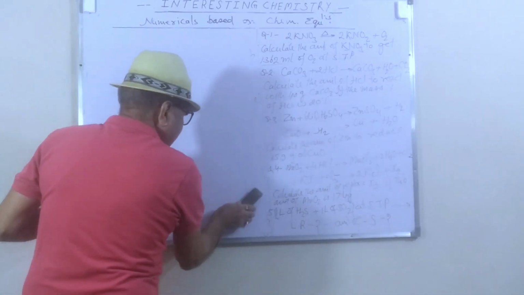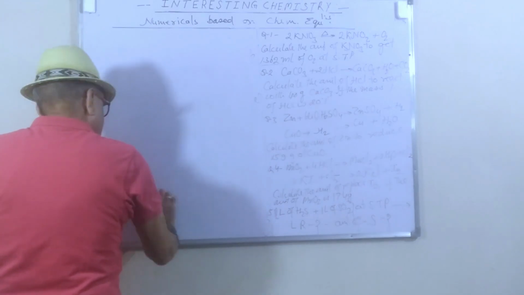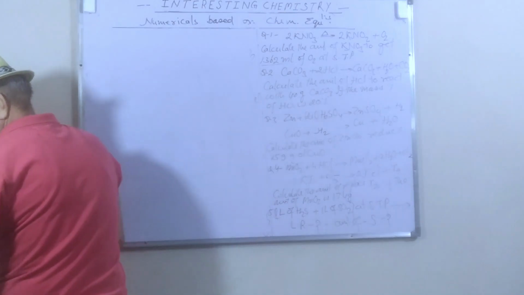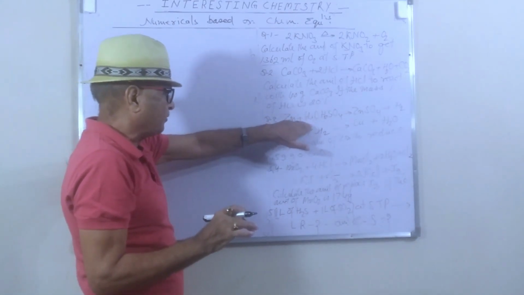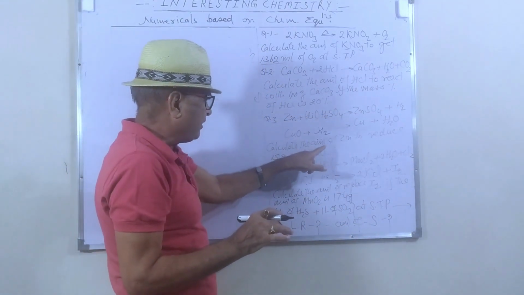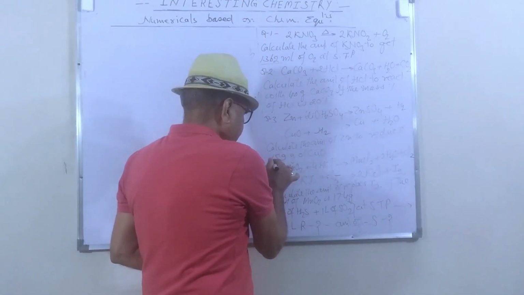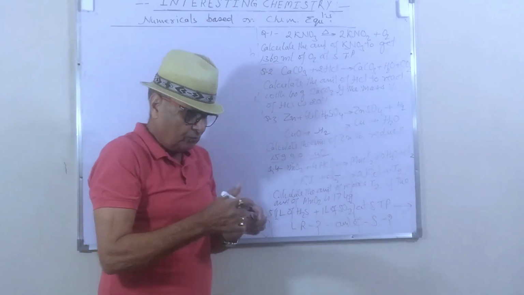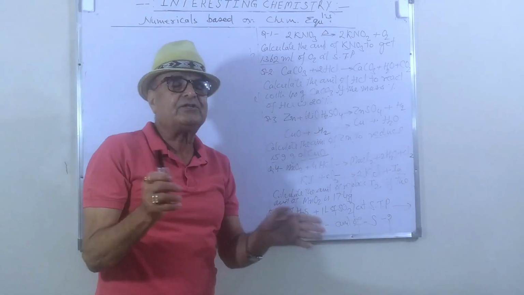Here in the third question, the cupric oxide is reduced by hydrogen, and the source of production of this hydrogen is Zn plus H2SO4. So calculate the amount of Zn to reduce 15.9 gram of CuO. So first of all you should write the balanced equation.